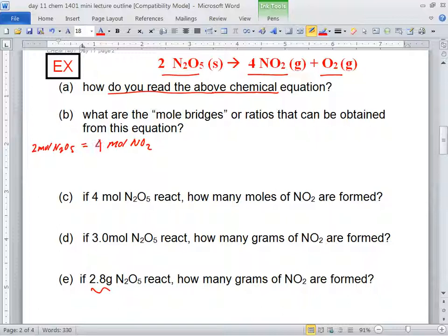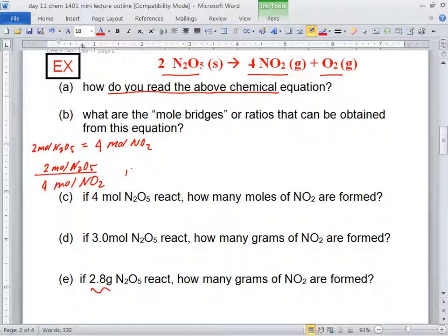Okay. But equal signs aren't ratios. So let's make it a ratio: 2 moles dinitrogen pentoxide for every 4 moles of NO2.